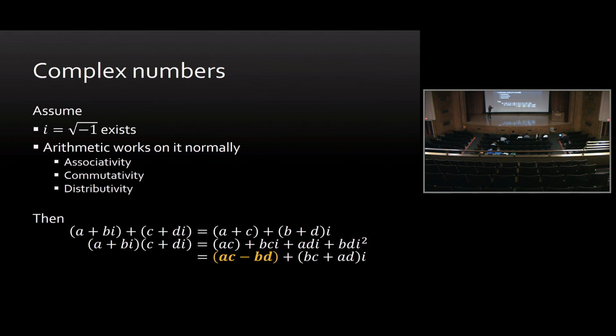And so people ended up accepting complex numbers, and you can then, through associativity and distributivity, write what the rules are for addition of them and then for multiplication of them. And notice that for multiplication, you get one of these skew symmetric terms like we see with cross products and wedge products, which might seem kind of familiar, but in fact, this is the wedge product in 2 dimensions.